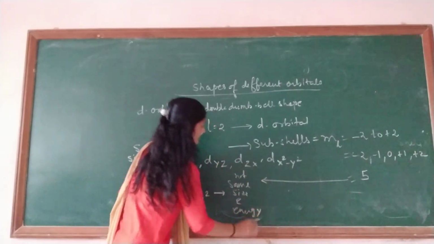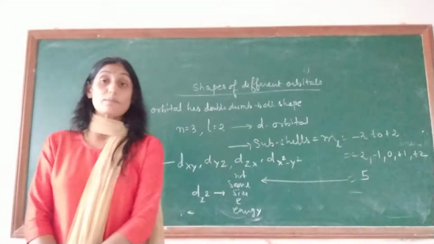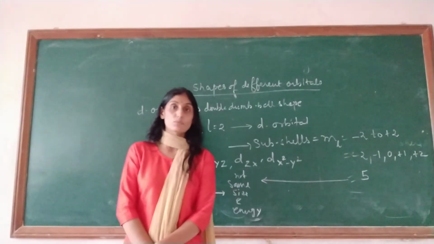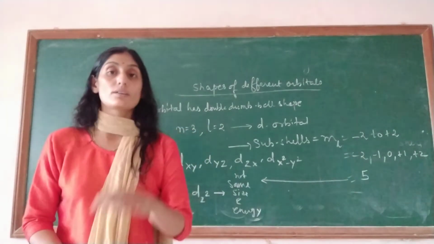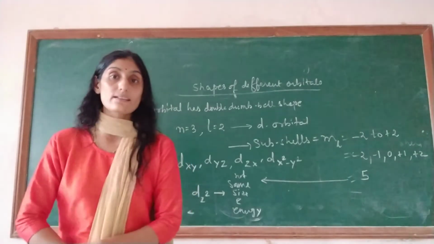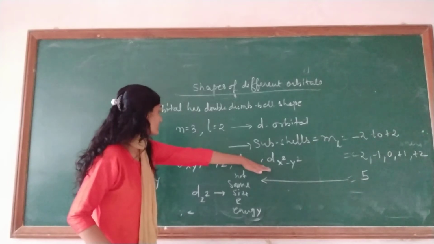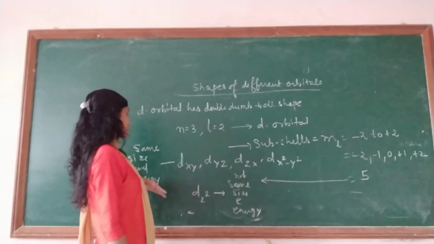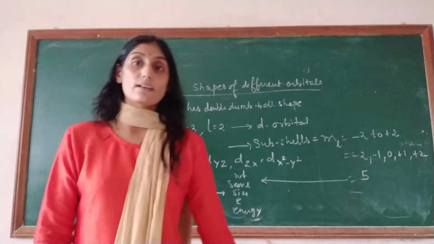It is different in the energy from this whole particular group. Otherwise, the subshells usually have the same energy and size. But this is a particular new point of the d orbital which you have to learn: all the respective dxy, dyz, dzx and dx square minus y square are the same in size as well as in energy, but they are different from the dz square orbital.